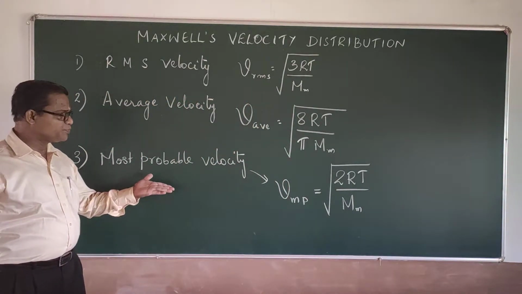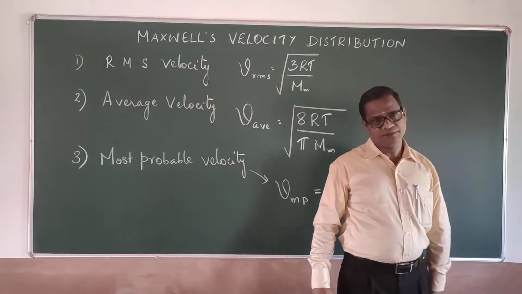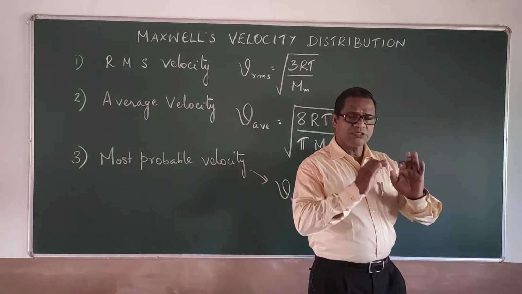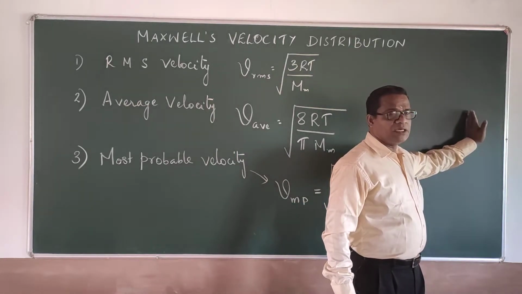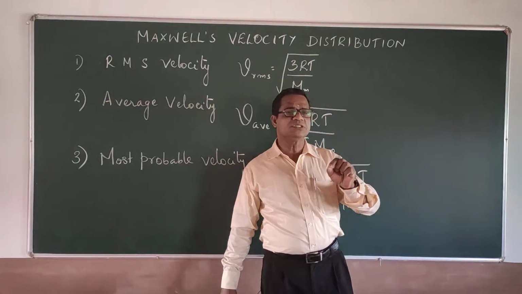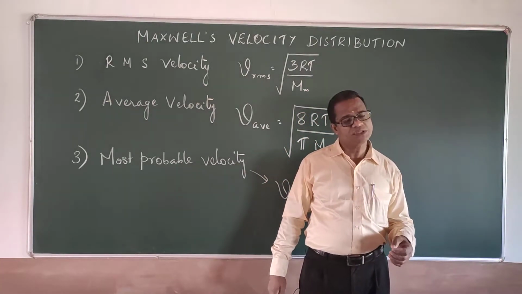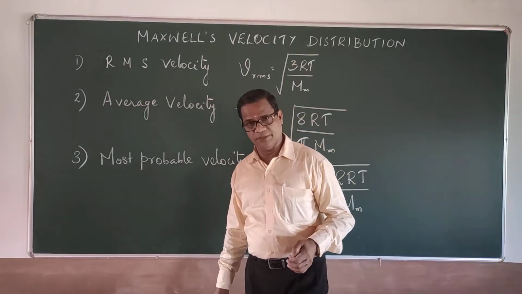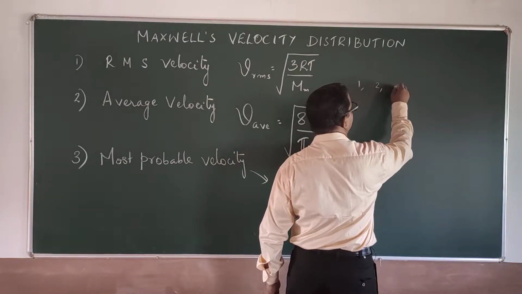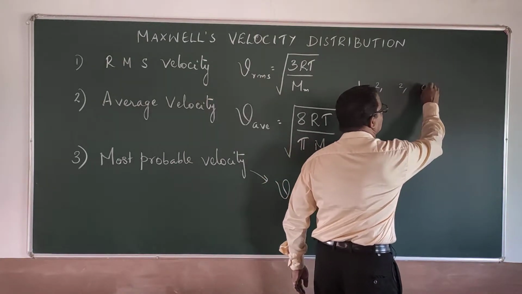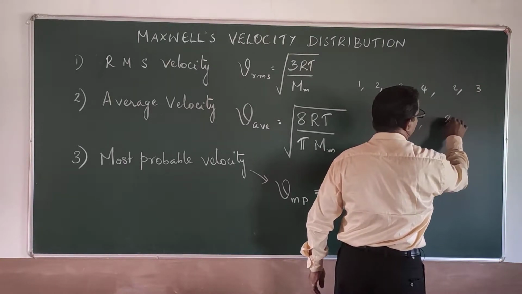Most probable means if you are listing the velocities of the molecules, all these individual velocities, in that list of velocities, the value which is repeated most is called the most probable velocity. For example, if I list it like this, 1 meter per second, 2 meter per second, 2 meter per second, 4 meter per second, and 2, 3, 1, 2, right?